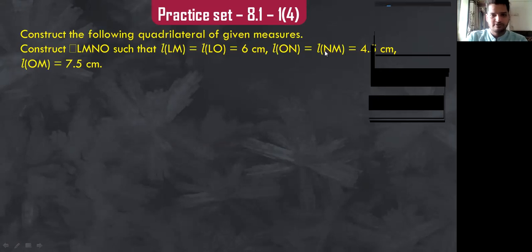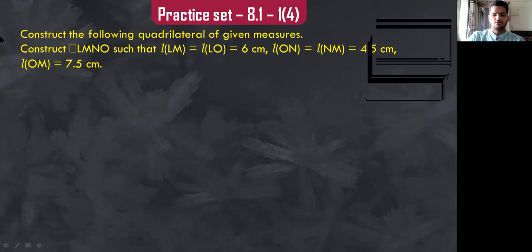So as the thumb rule suggests, first we will construct the rough analytical figure so that we get the clarity of the given quadrilateral, right? So we are going to draw the quadrilateral LMNO. So let us mark the measurements. Length of LM is equal to length of LO, which is 6 centimeters respectively.